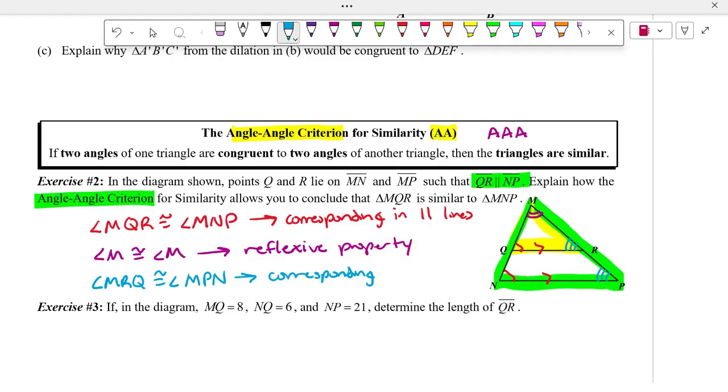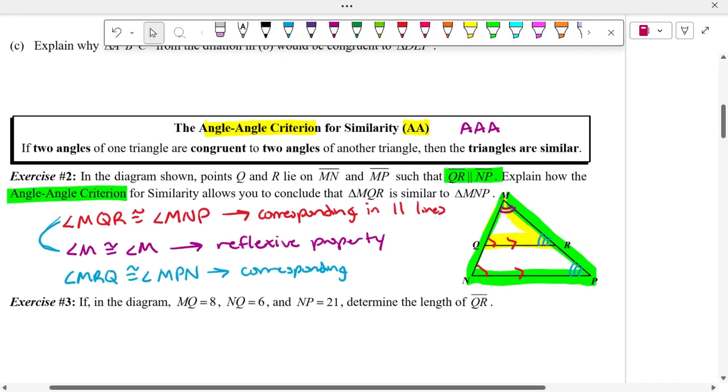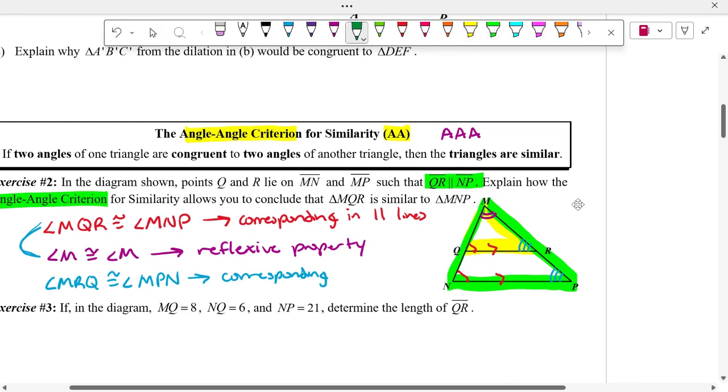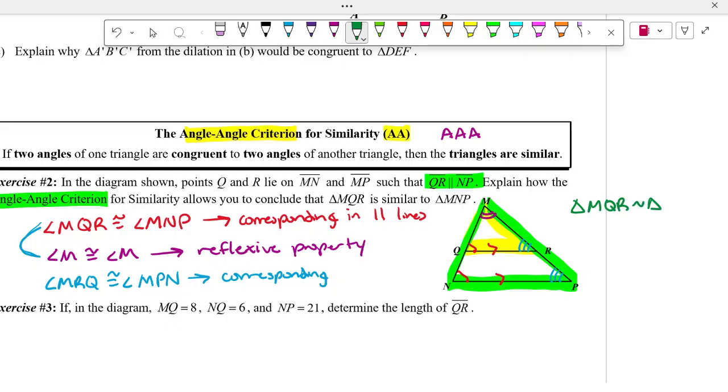Now, we technically could have stopped after we got these 2, because obviously by the third angle theorem, that third angle should be congruent to its counterpart. But I still wanted to show that all 3 angles were congruent just so we can see it. So because of that, we can state that triangle MQR is similar to triangle MNP by angle theorem.